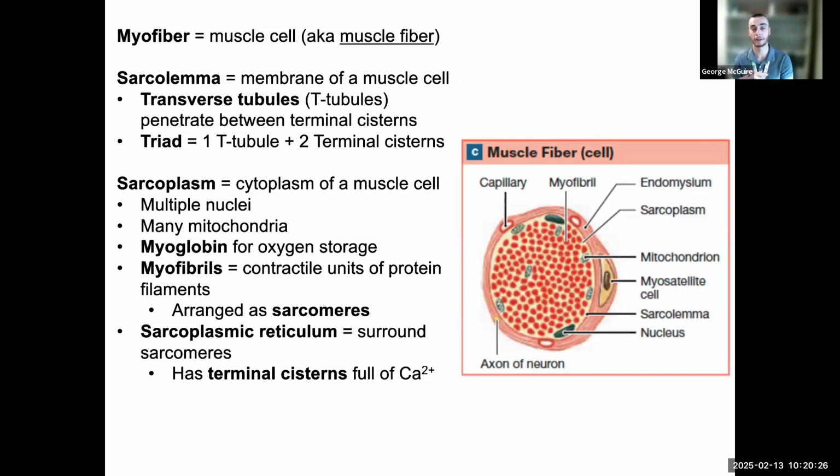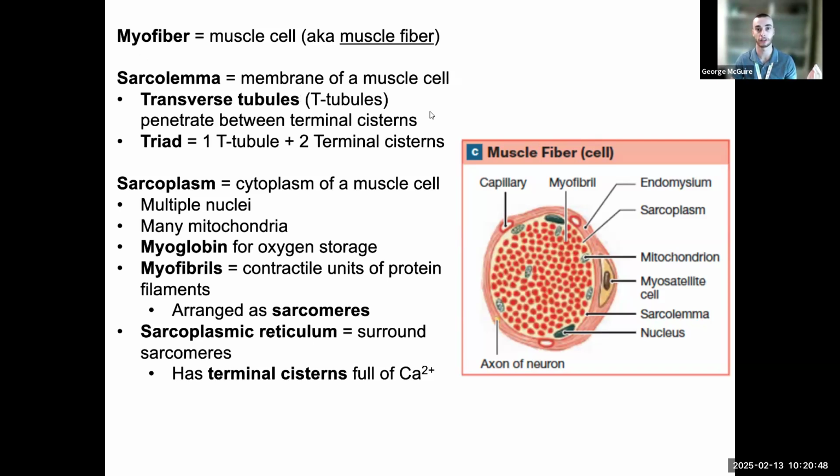These membranes, the sarcolemmas, don't just stay on the outside of the muscle cell like we're used to seeing with most of the cells we've been talking about and studying. The sarcolemma actually is also going to penetrate into the cell. It pushes down, creating these little T tubules, which we'll see a better diagram of in a second, these transverse tubules.